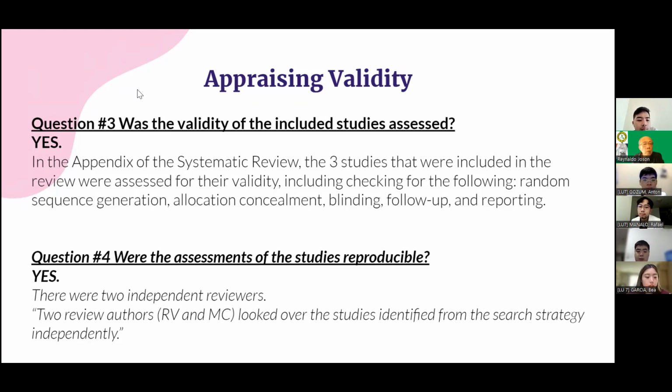And lastly, we also ask, were the assessments of the studies reproducible? The basis of this is there has to be at least 2 independent reviewers, and based on the review, there were 2 independent reviewers. As you can see, it's quoted: there were two review authors, RV and MC, who looked over the studies identified from the search strategy independently.